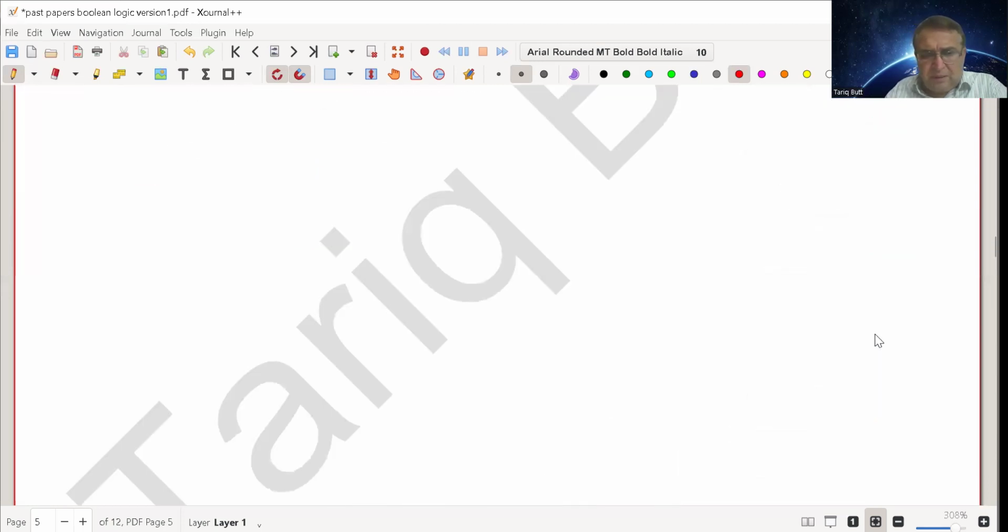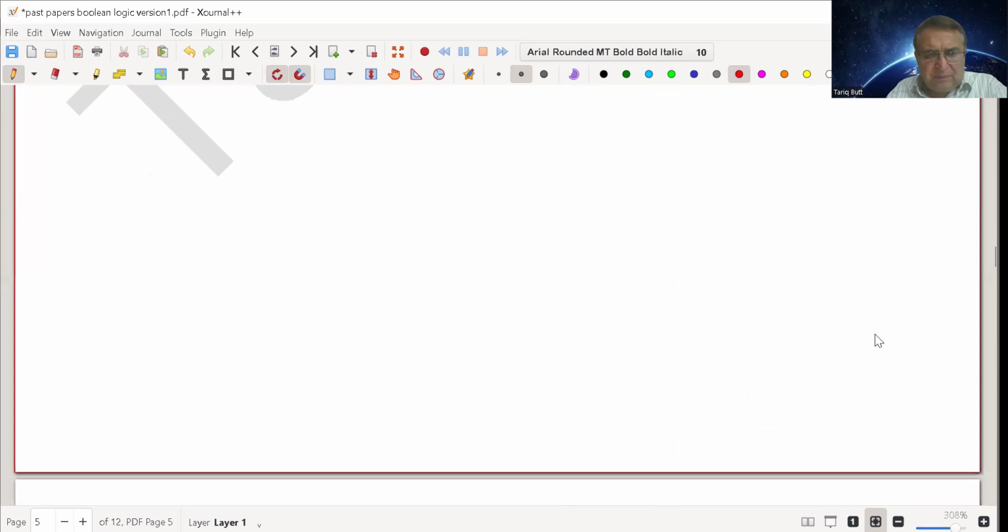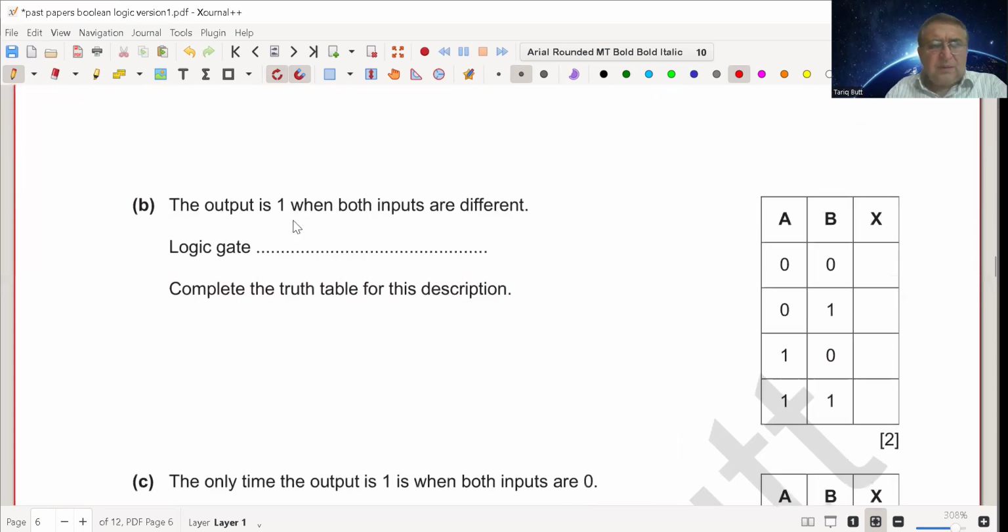Okay, move to the next part. The output is 1 when both of its inputs are different. I mean, if A is 0 and B is 1, or A is 1 and B is 0, when its inputs are different, output is 1.